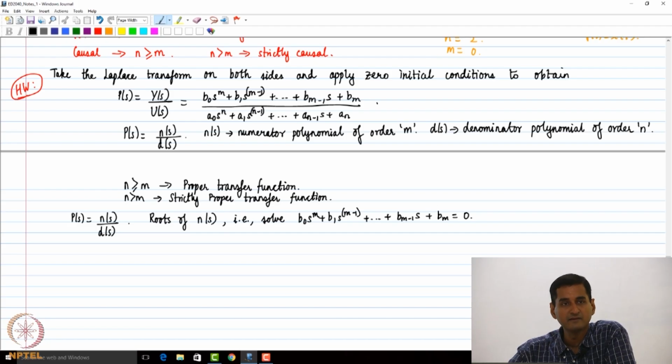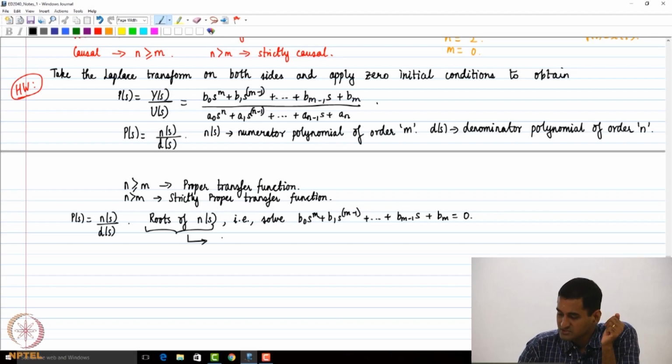If you solve this equation, the numerator polynomial equals 0, and you get particular values of s. At those values of s, what will happen to the transfer function? It will become 0, because the numerator becomes 0. So the roots of n of s are what are called the zeros of the transfer function.